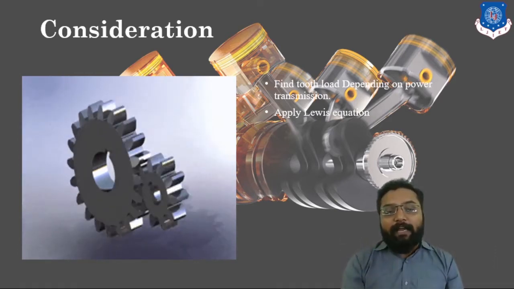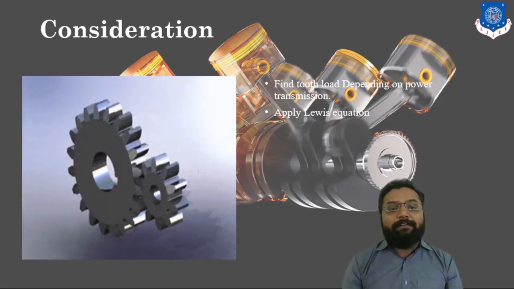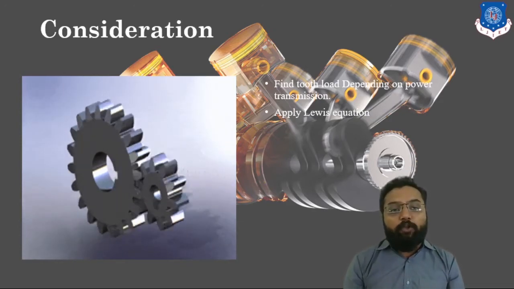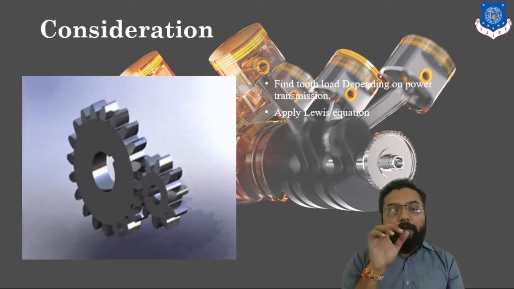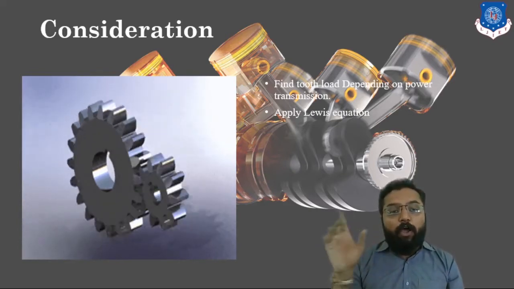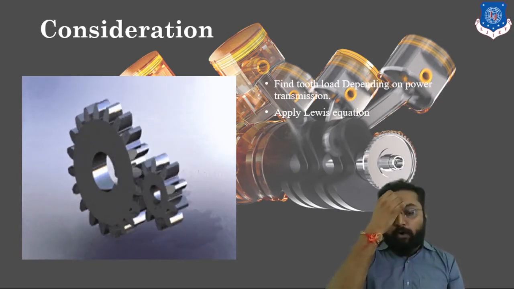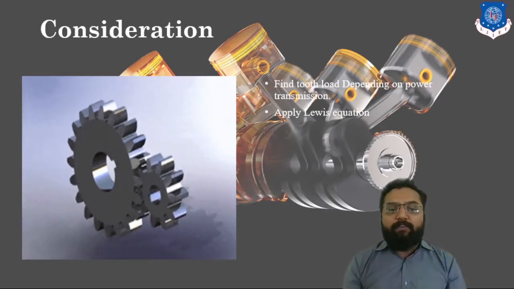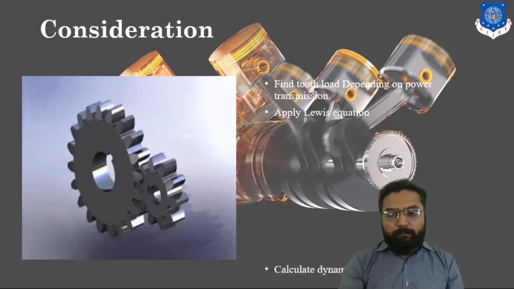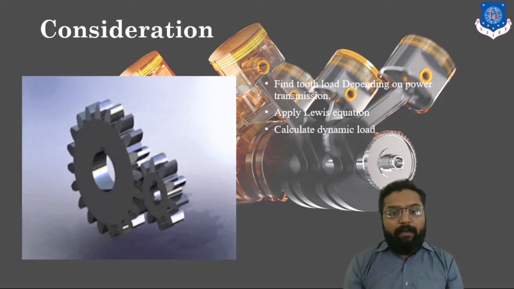After finding that allowable stress, we can find the working stress depending on this Lewis equation, which is sigma w equals Cv into allowable stress, where Cv is a constant which depends on the velocity, or you can simply call it the velocity constant, which we have discussed in a previous session. After that, we will calculate the dynamic load.